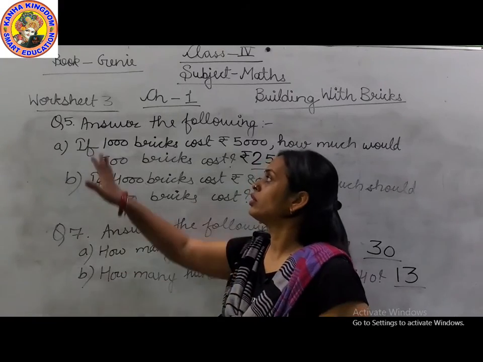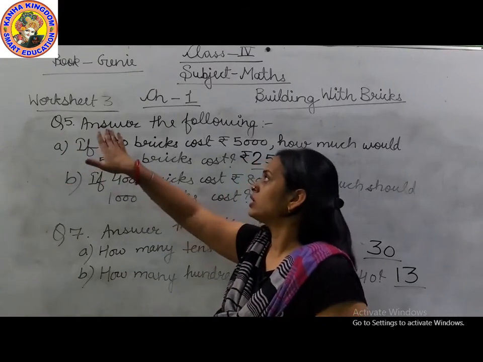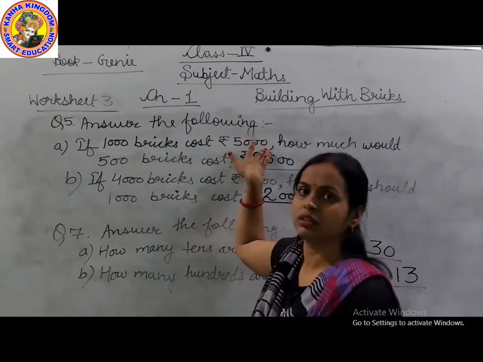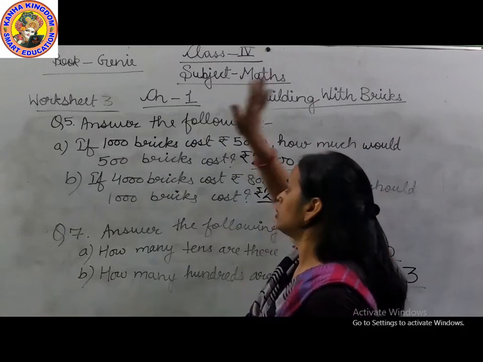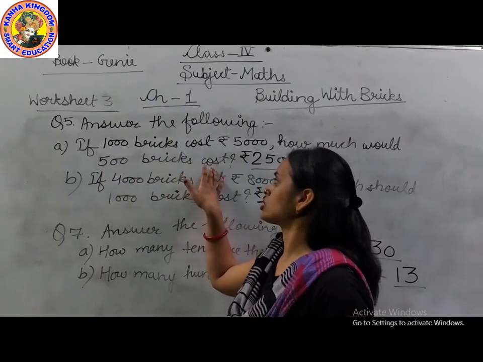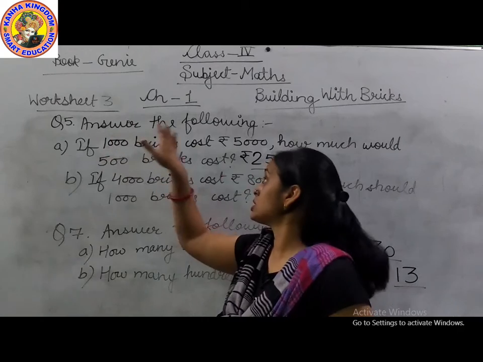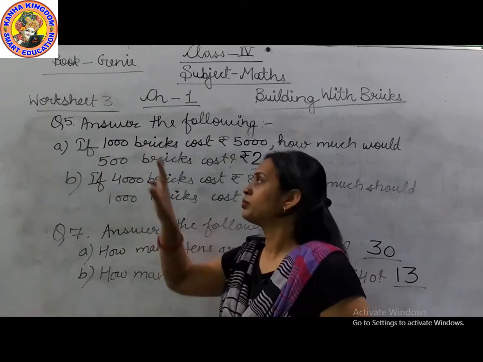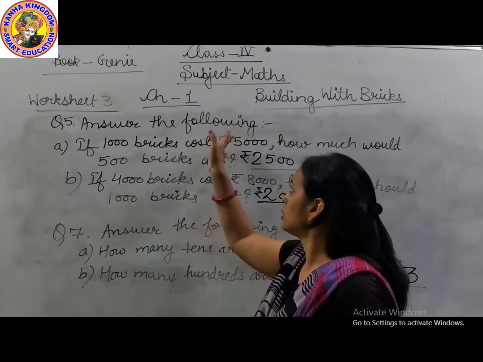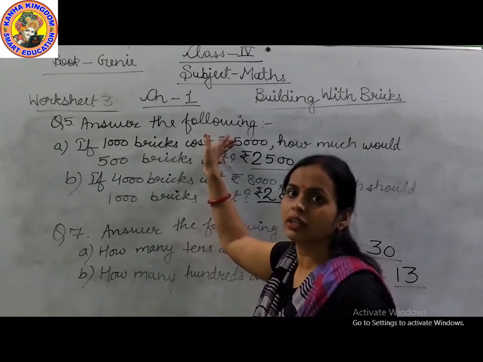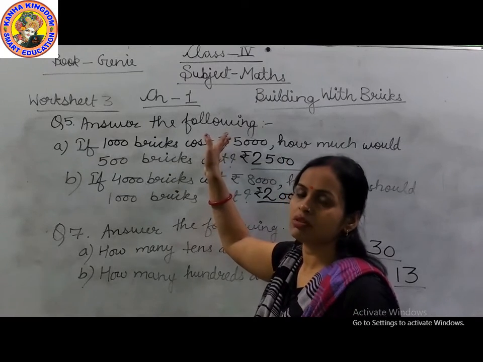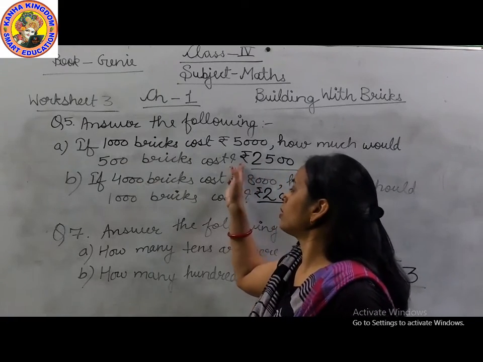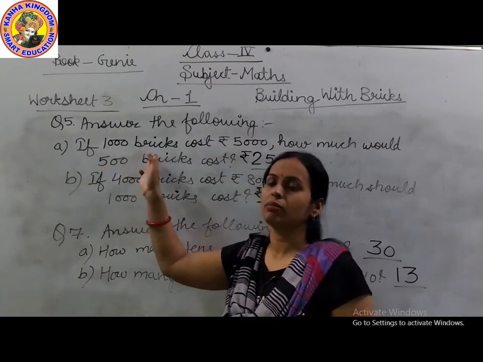Our question number 5. If 1,000 bricks cost rupees 5,000, how much would 500 bricks cost? So we divide 5,000 by 2, which equals 2,500. So 2,500 is the cost of 500 bricks.